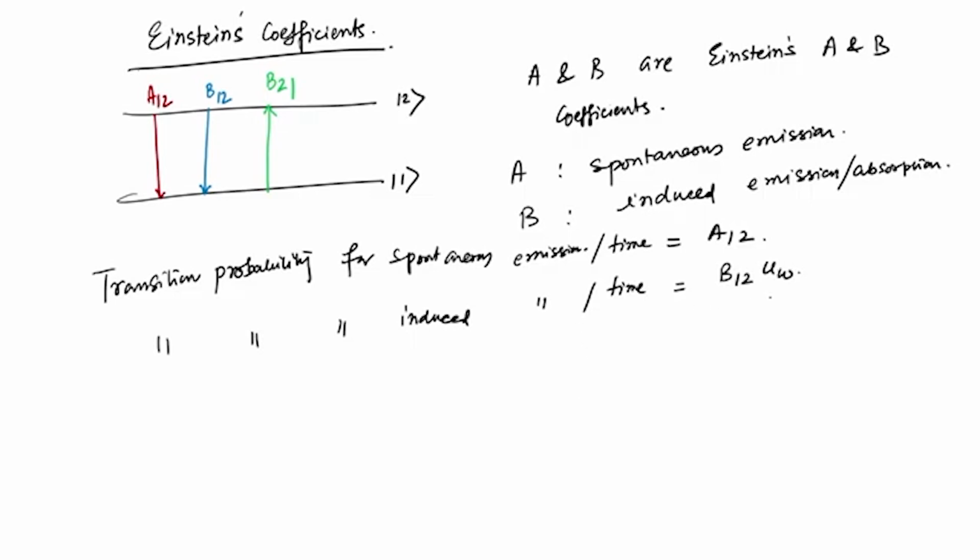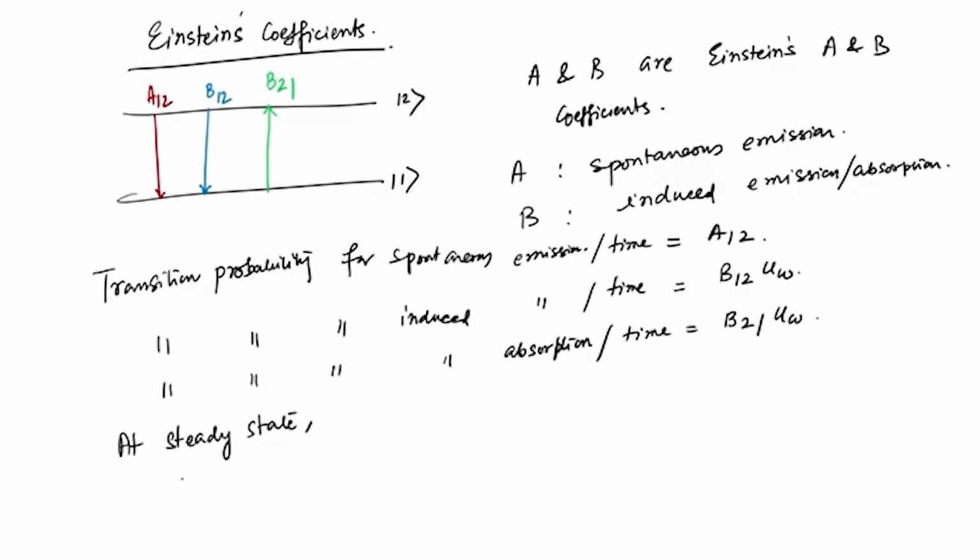So, we write it as B12 U omega. So, the transition probability for induced absorption per unit time is equal to B21 U omega. Okay. So, at a steady state, when all these upward and downward transitions are equal, that is no more transition is happening.